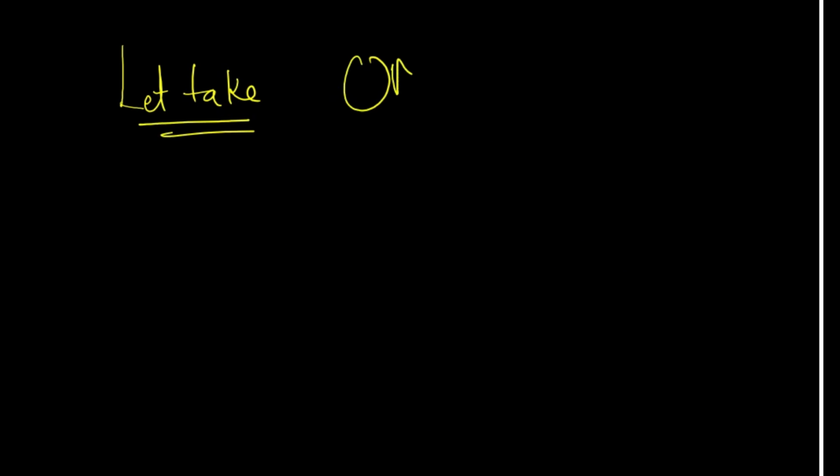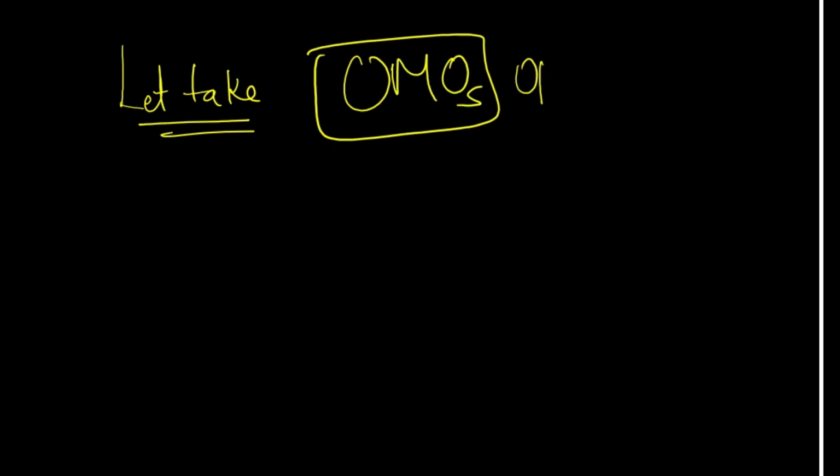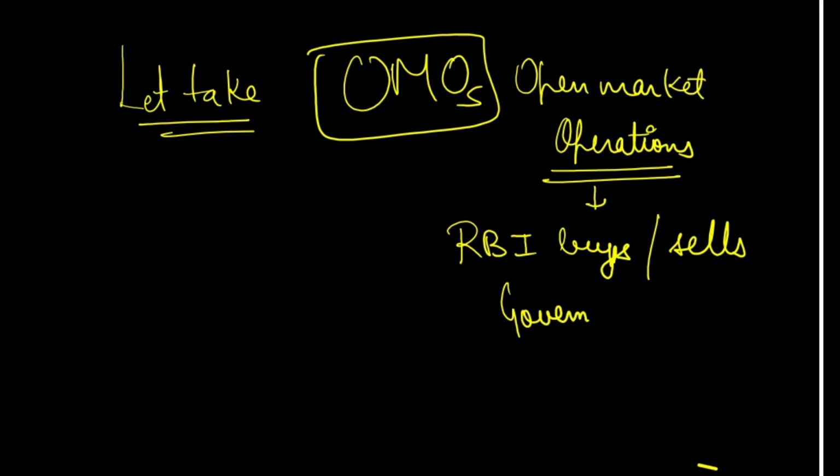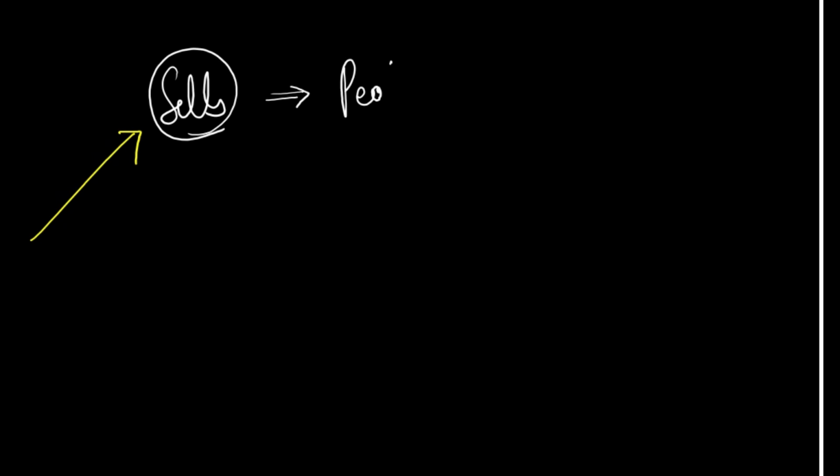OMOs, that is open market operations. Here, RBI buys or sells government securities to affect money supply. So, if RBI sells government securities, what it means? People will buy government securities.